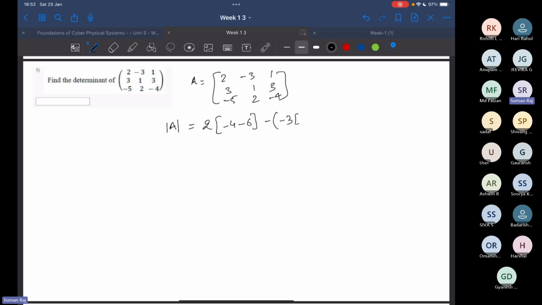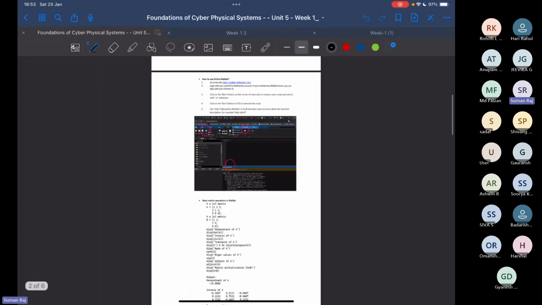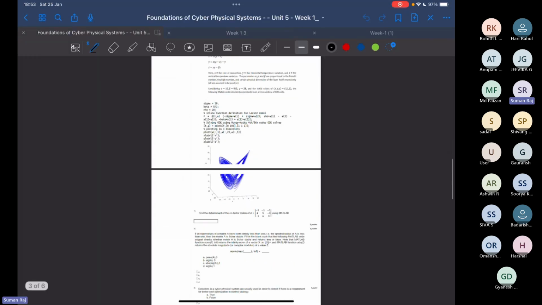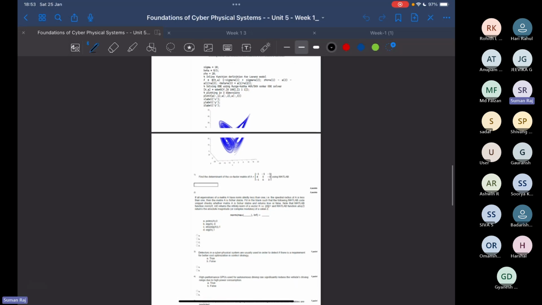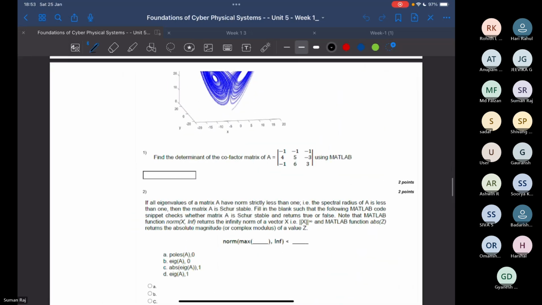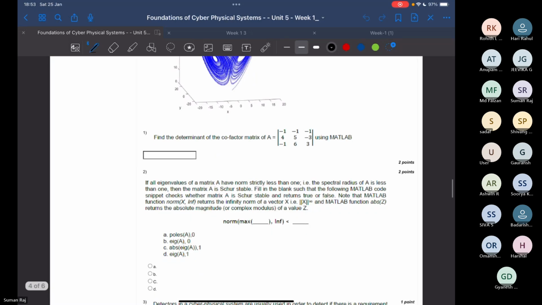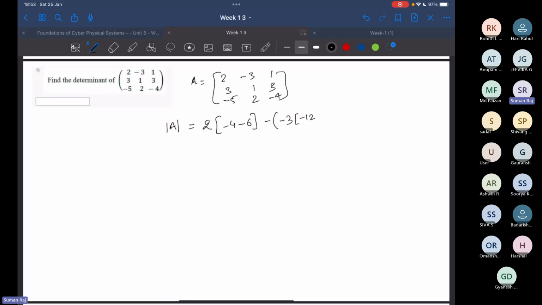Solve with MATLAB. Very nice. Yeah, that's good. So you have already set up MATLAB. You have to solve with MATLAB. I think that is for assignment. That's probably this part that you're talking about. I'm not sure. This one, right? You're talking about this. Yes, ma'am. Okay, cool. Okay, that is fine.